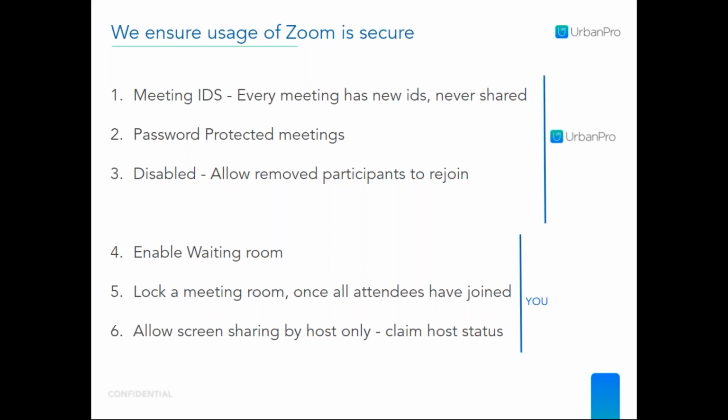Number two, lock your meeting room once all the students who are supposed to be a part of it have joined. And number three, always make sure that you claim and maintain the host status of the class, because that will allow you to control who can and cannot share their screens or chat in the class.